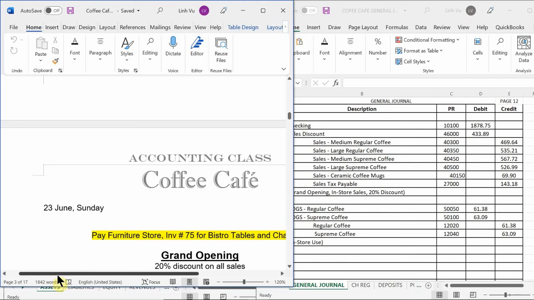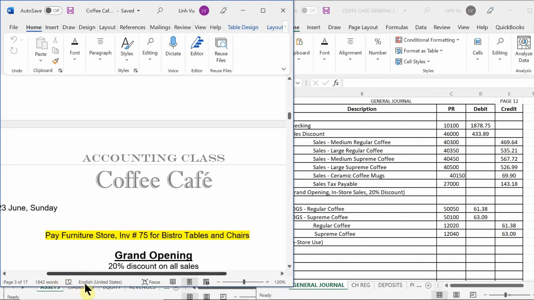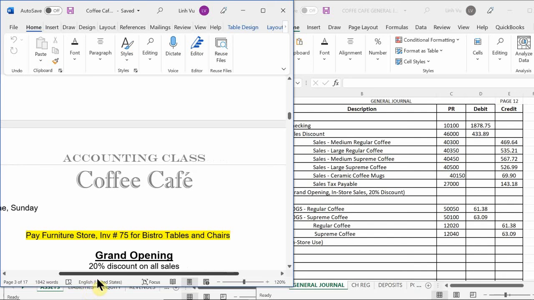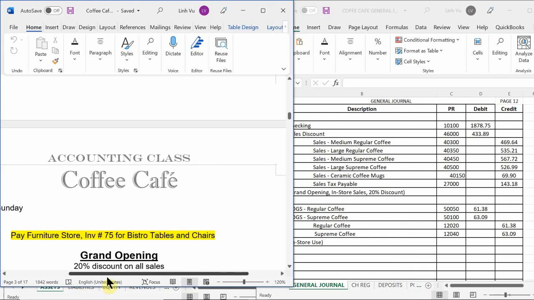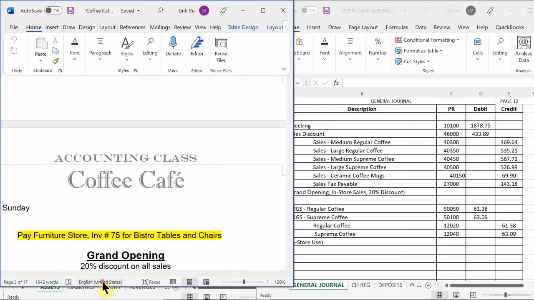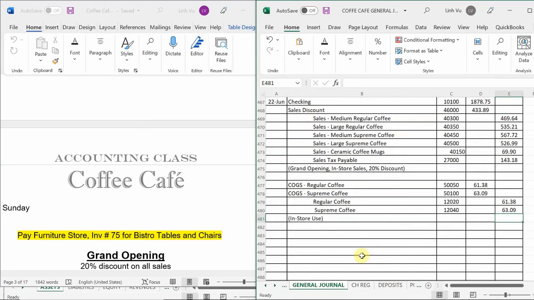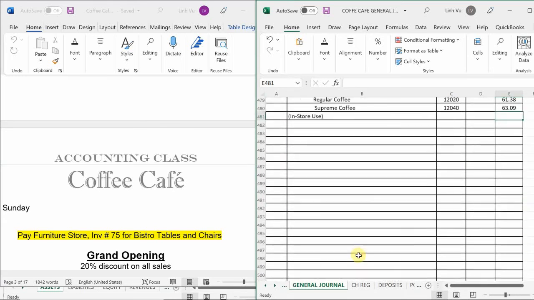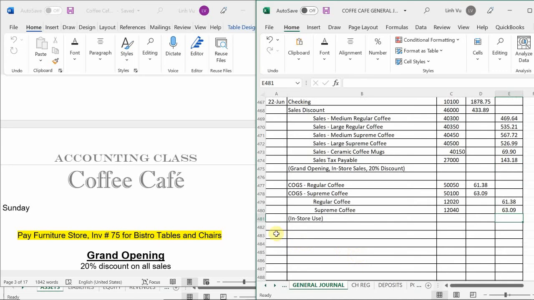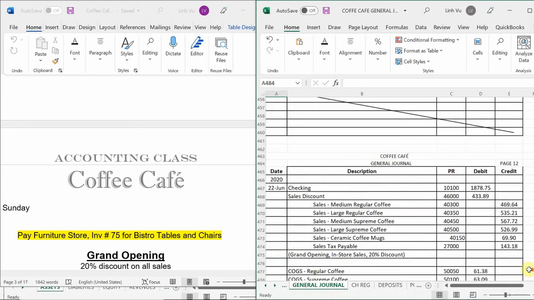So then, next thing we have here, same, it's the 23rd, and we're going to pay furniture store for invoice number 75 for the bistro tables and chairs. Just like the last one with the accounts payable and checking.